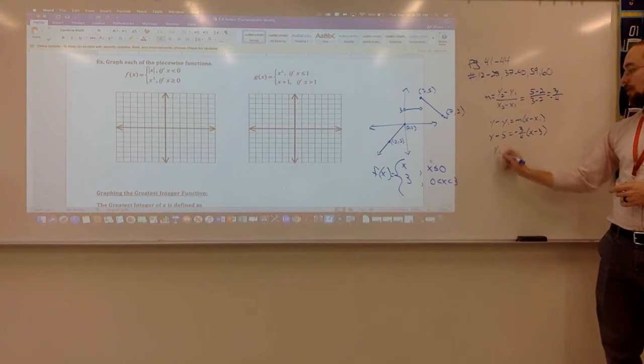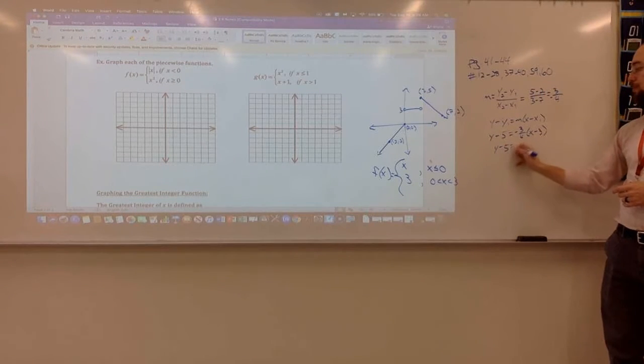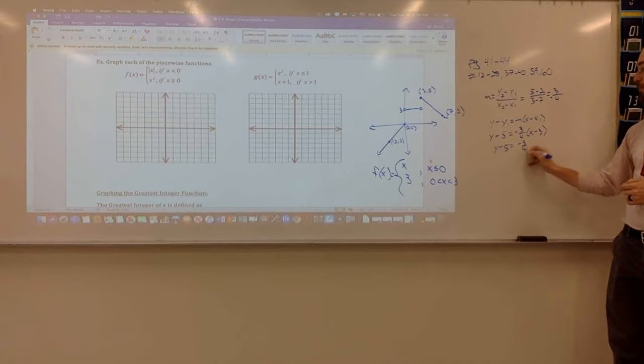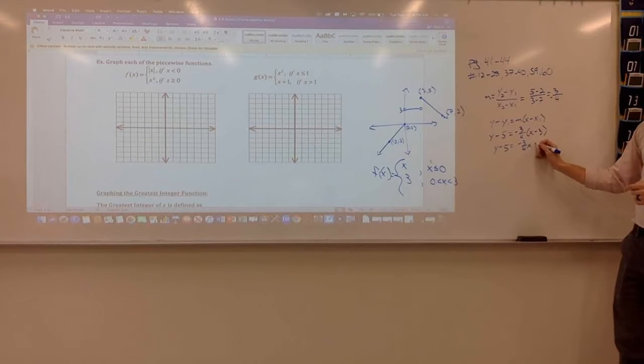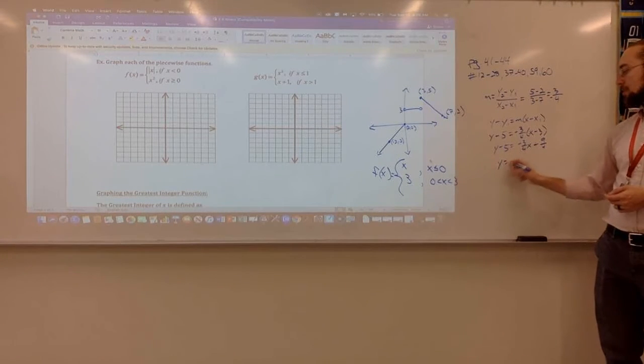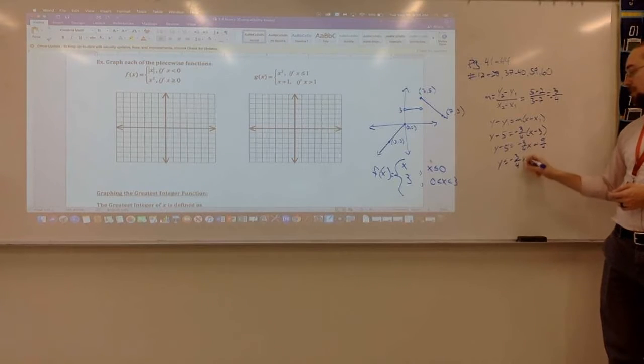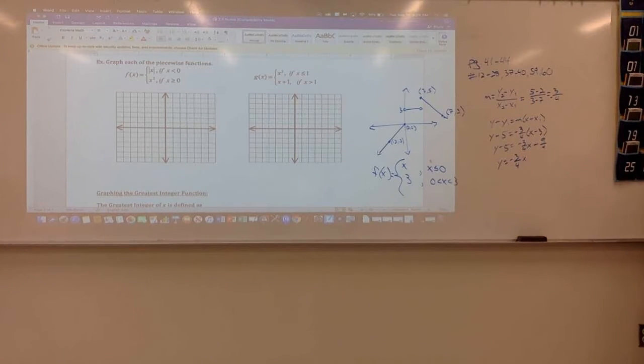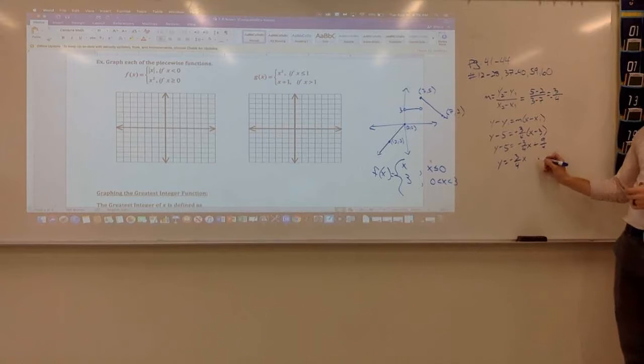So I'll go ahead and distribute the -3/4, so -3/4 x plus 9/4. Then if I add this 5 over, it's 9/4 plus 5, 29/4.